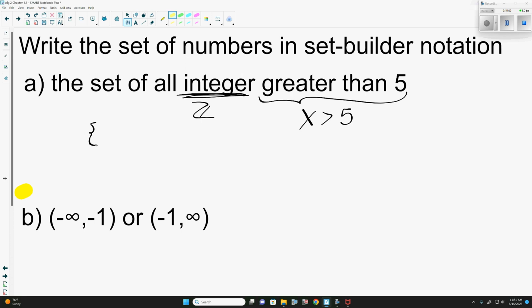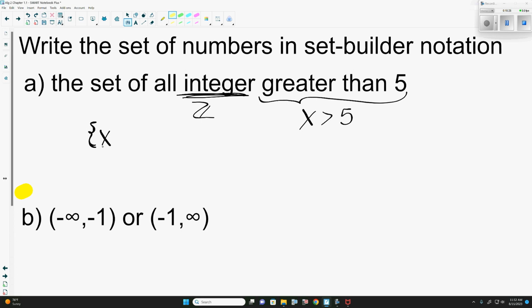Brackets are kind of a big C. This here is a brace. So you can do an S and then a backwards S. Then X. So a brace and then X.